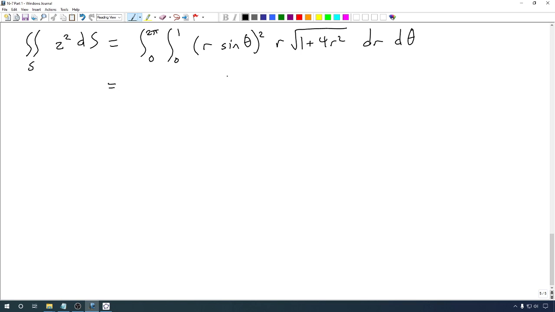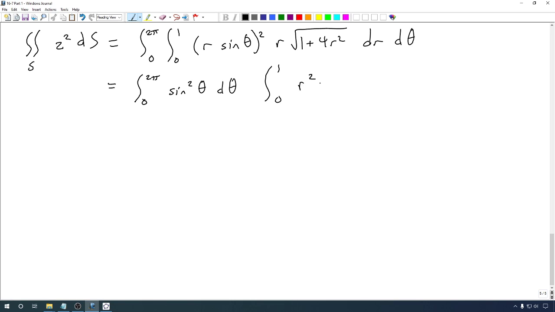I'm going to go ahead and split this up. We have things that involve r and things that involve theta, but they're being multiplied together, so I can split this into 2 separate integrals and not have to deal with them both at the same time. For the theta part, note that we have a sine squared, and that will just be by itself. For the r part, we have an r squared and another r here.